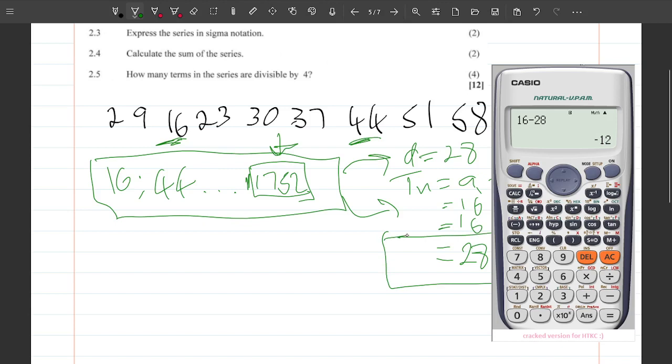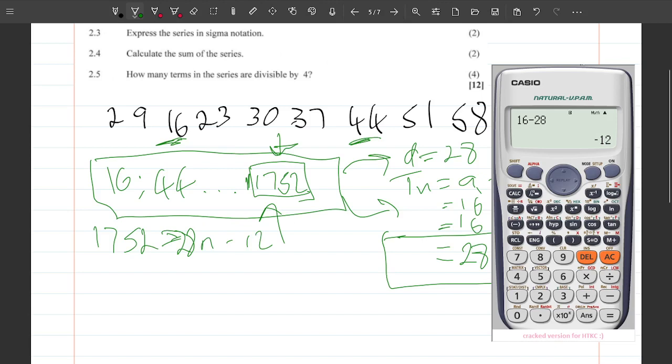However, what I now have to do is find the term number for the last one, which I had stipulated before. So this time I should have 1752 equal to 28n minus 12.